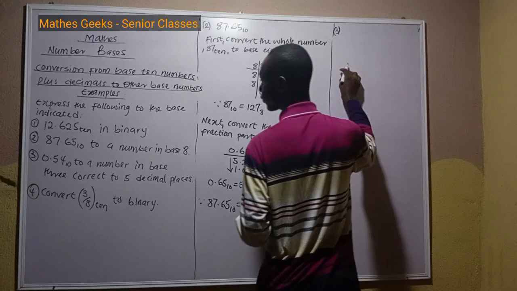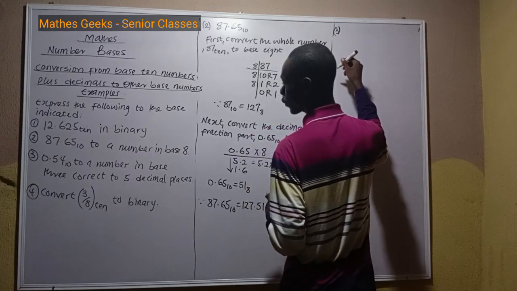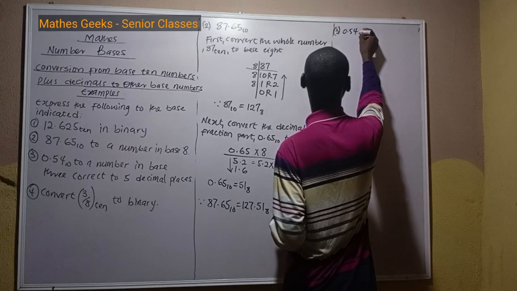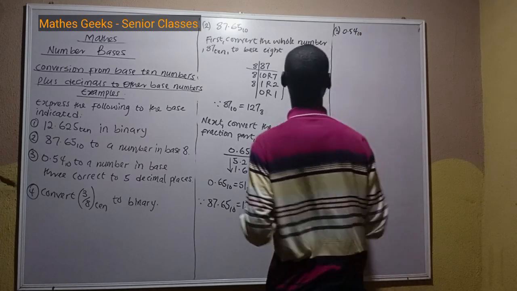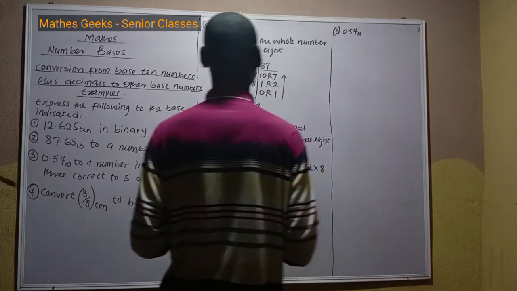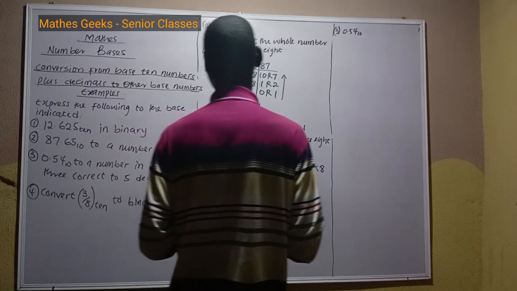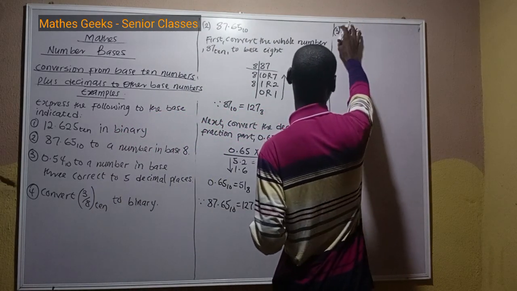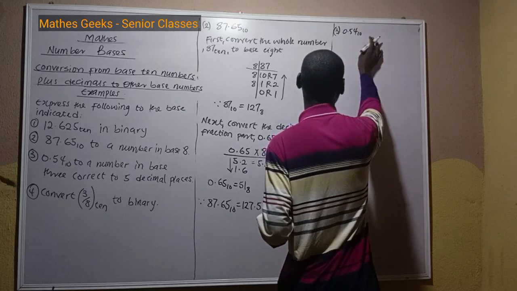Next, we want to convert 0.54 base 10 to base 3. In this figure, we don't have a whole number part, so we just go straight.